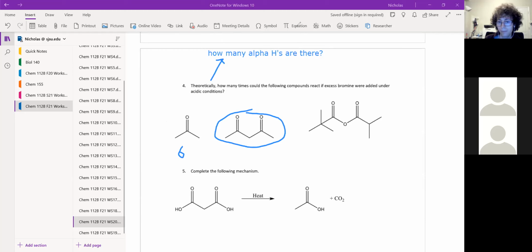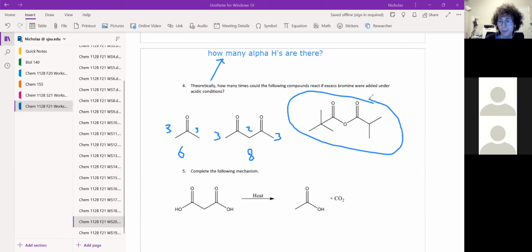I think that one would be 8, because there's 3 here, 3 here, and 2 here, so 8 total. This was 3 and 3. And what about the last one? Just 1. Just 1 here.